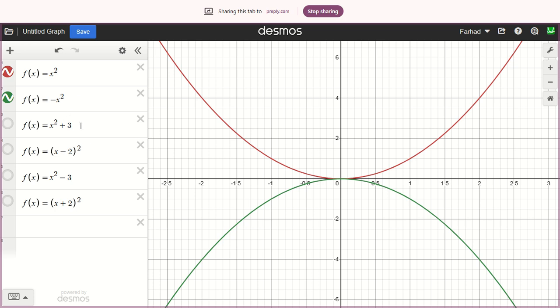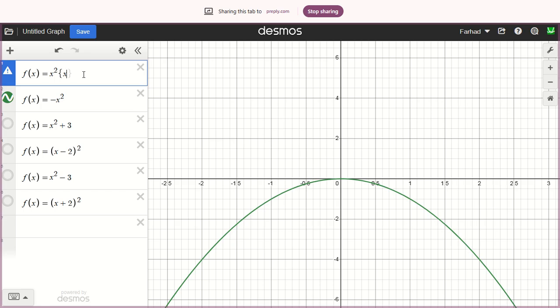Now I was just talking about if we have here x greater than 0 for the first one, then what happens?